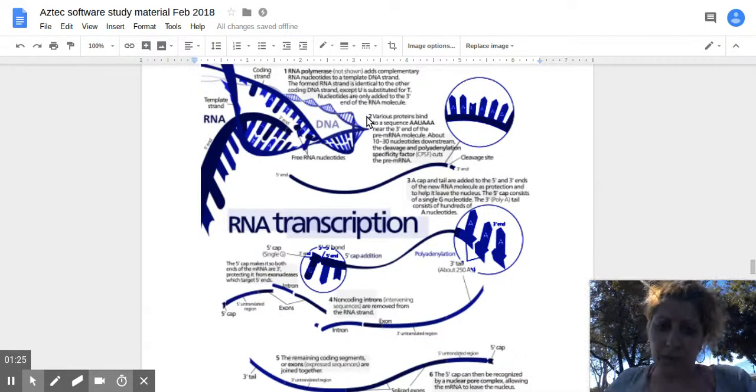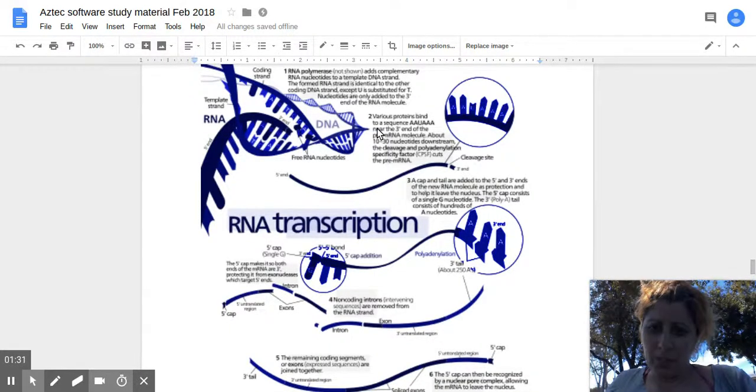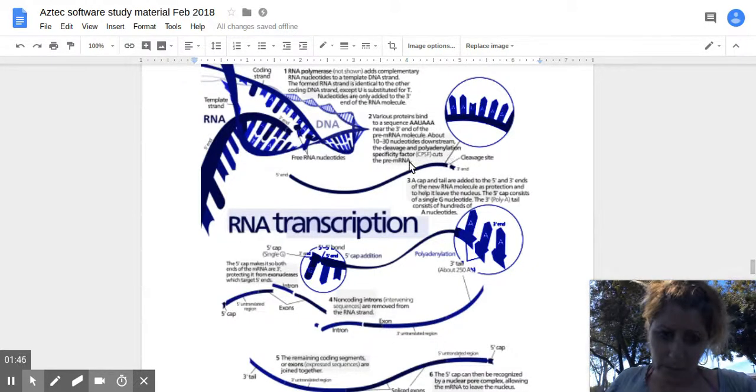Nucleotides are added only to the 3' end of the RNA molecule. Various proteins bind to a sequence near the 3' end of the pre-mRNA molecule. About 10 to 30 nucleotides downstream, the cleavage and polyadenylation specificity factor cuts the pre-mRNA at a cleavage site.